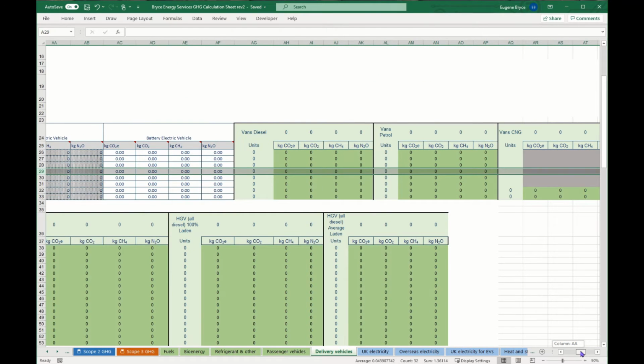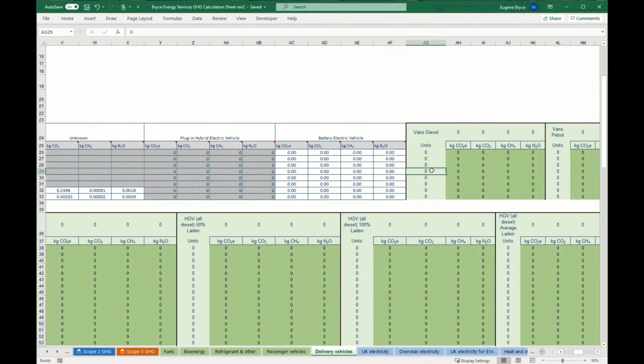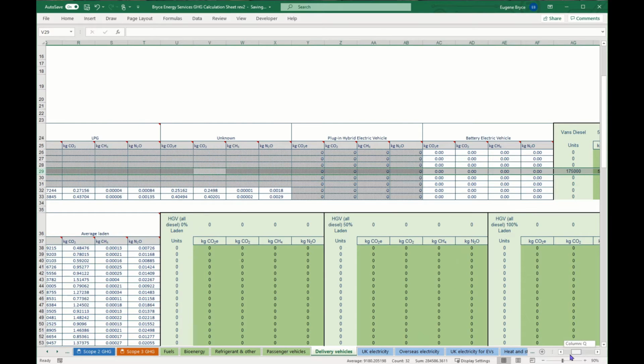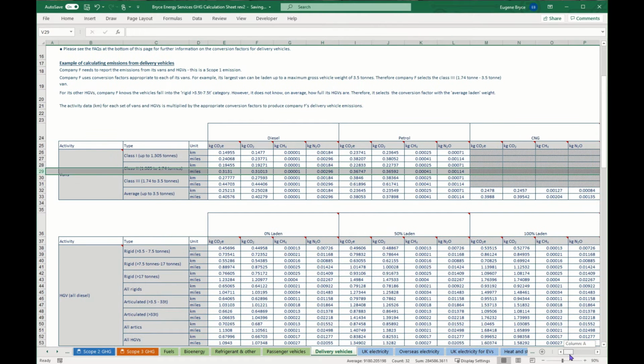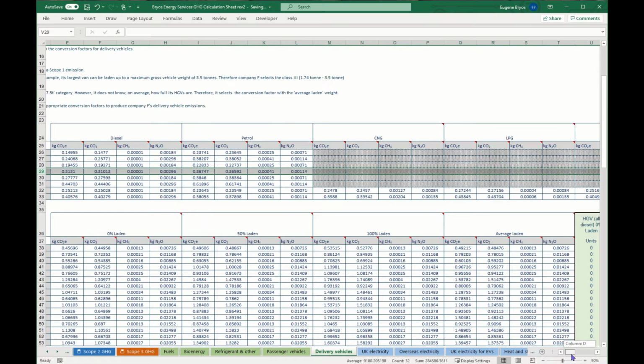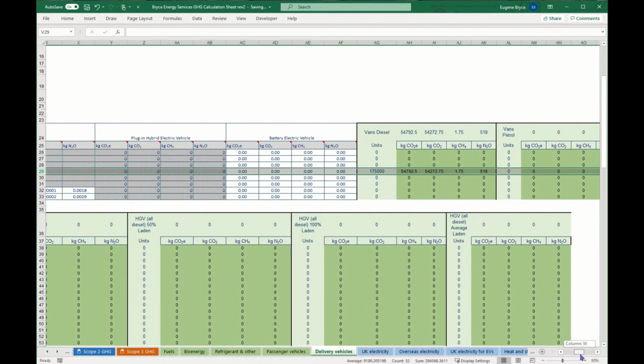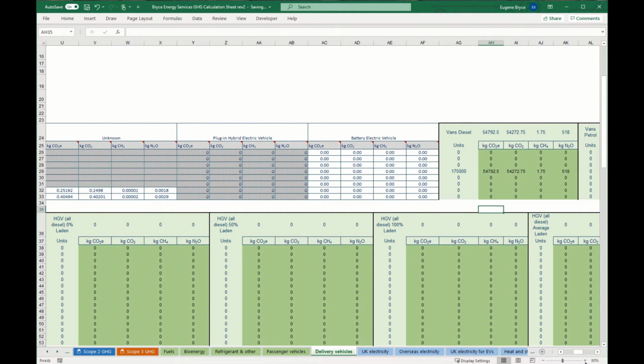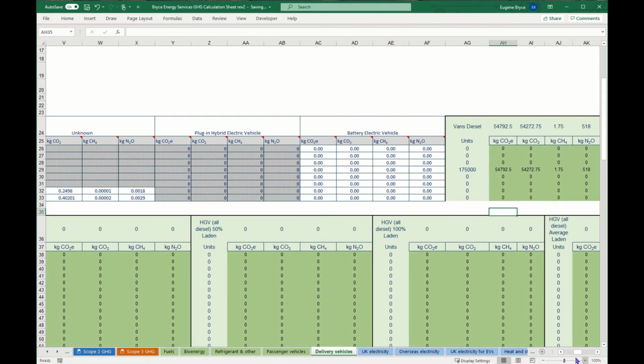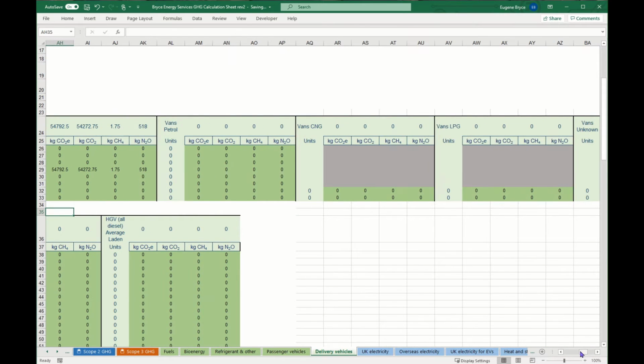Again, make sure you enter in the right line. 175,000 miles. Again, no harm, just triple checking myself. Class 2 miles vans. I'll just zoom in a little in case it helps.